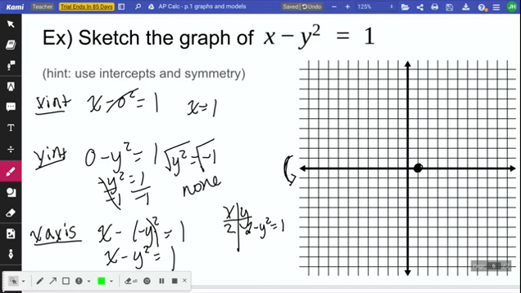So then I would have subtract 1, add y squared, and I would have 2 equals y, left off my squareds. And then I would have square root of 2. So maybe I should have chosen a different number, but it's not a big deal. Square root of 2 is between 1 and 2. And so we can kind of roughly graph that. It's in here. And since it has symmetry, it's also here. And I have my U shape.